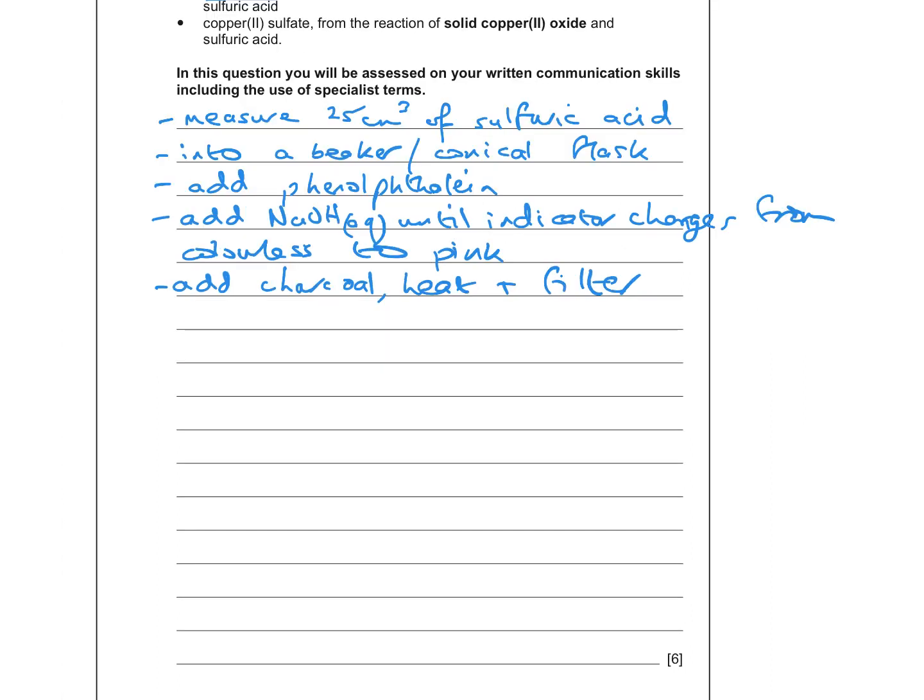Now we're going to move on to making a copper sulfate solution. So we're going to add the copper oxide to, again, 25 cubic centimetres of sulfuric acid. Again, you don't have to put in CuO, you can write it out as copper oxide. We're going to heat that, which just speeds up the reaction, or stir, you could say.